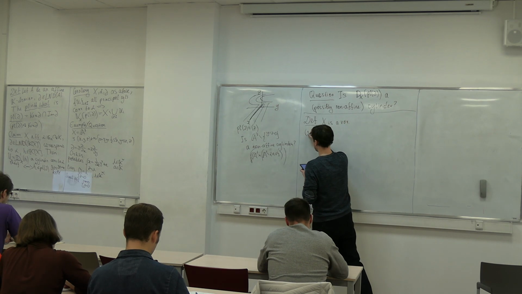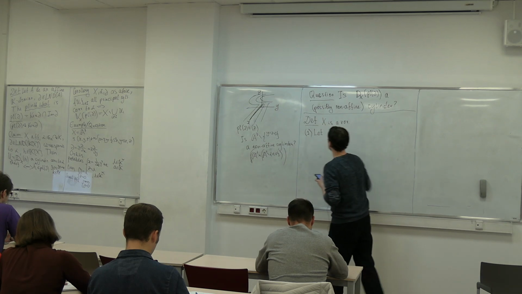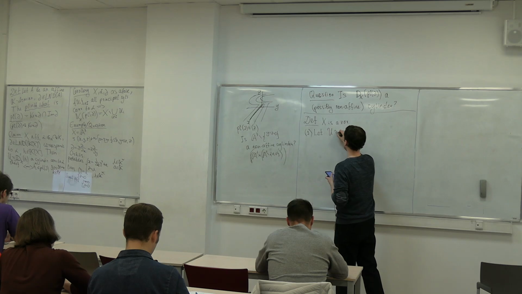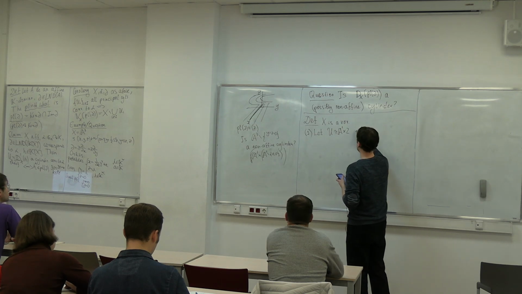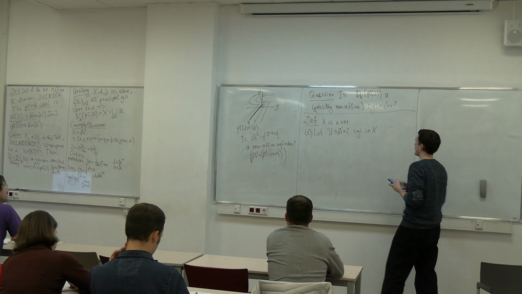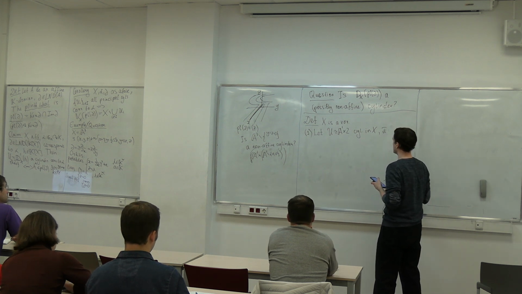Okay, two definitions. So here, let U be a cylinder inside X. And pi is the natural projection.